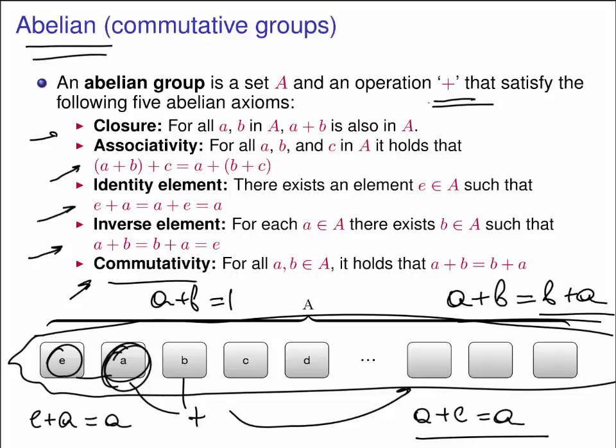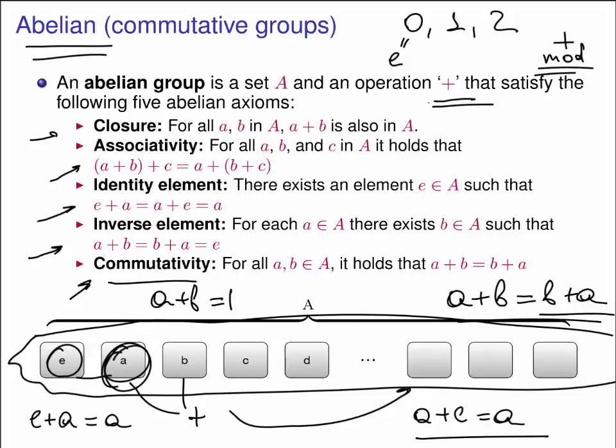An example of such a group, and of course in this class, since we want to be more practical, we will consider finite groups. This can be, for example, a set of 3 elements 0, 1, and 2, and the plus operation can be addition modulo 3. You can verify that the identity element will be 0, so added to any other element it doesn't change its value.